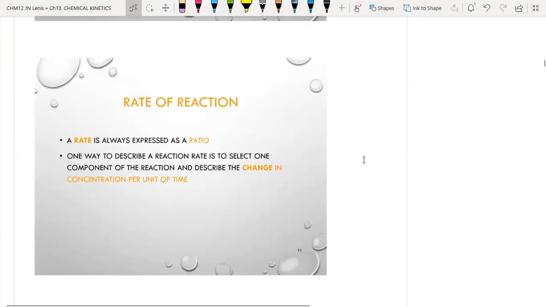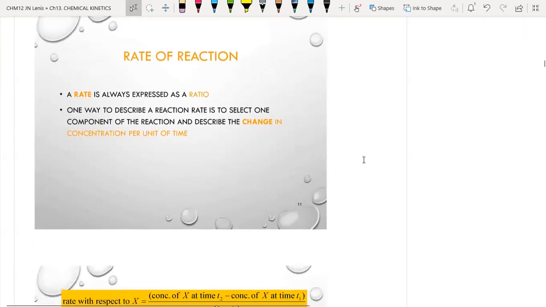So what is a rate law? How do you express the rate of the reaction? When you hear the word rate, it is a ratio. It's the change of something over time. That's rate. So the denominator is time. Usually we use seconds to measure the rate.